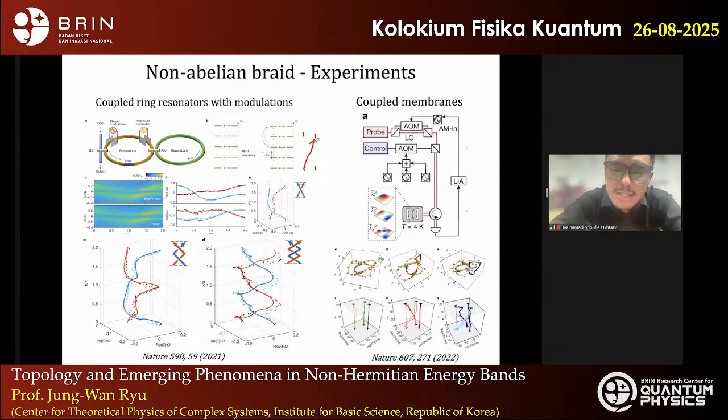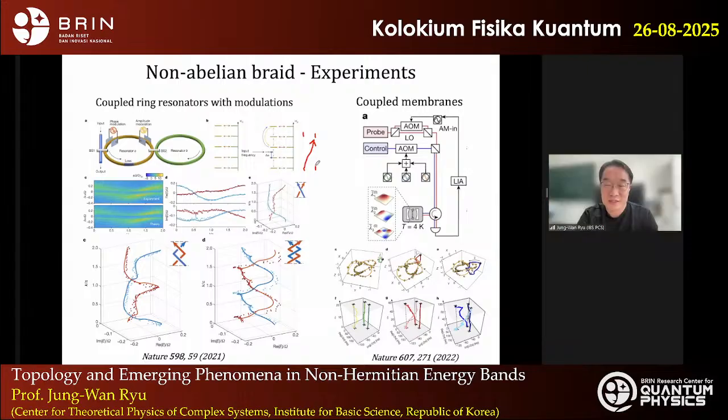Permutation means the first state changes into the second state, and the second changes into the first. But if we think about the other configuration, this is upper, but sometimes this can be upper.